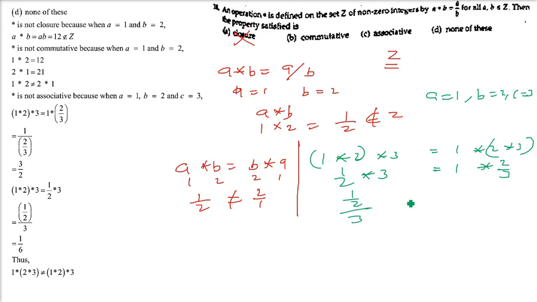This will be 1 by 6, because 3 goes in the denominator. The next one will be 3 by 2. So this is also not okay. Neither closure, nor commutative, nor associative. So the answer is D, none of these.